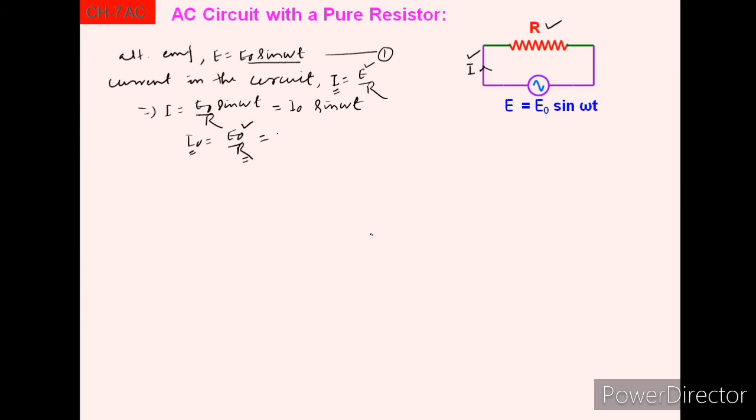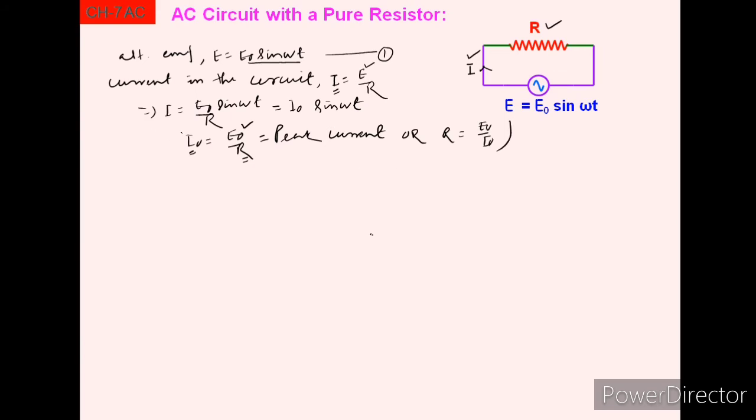So I naught is the maximum current or peak value of current, or we can write R is equal to E naught by I naught.